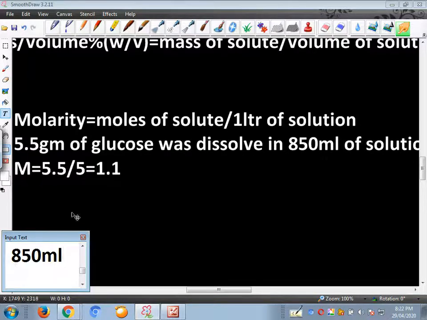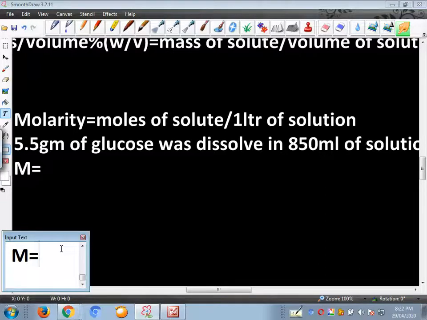I cannot apply this formula because here it is not given in terms of liters, here it is given in terms of milliliters. So for that, there is a formula.